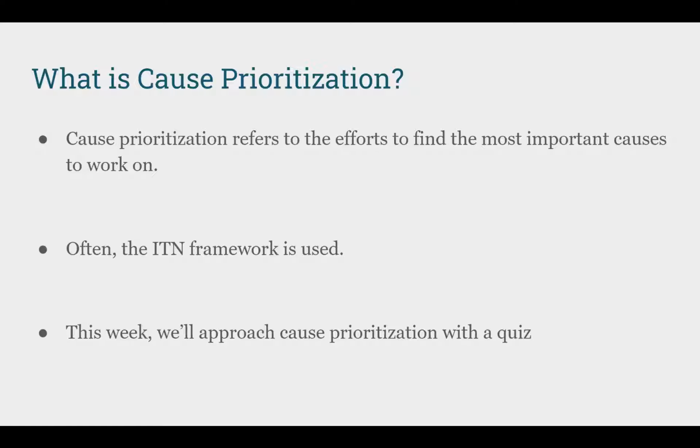And a lot of times people apply ITN to talk about causes in the big picture, like how do we compare things like climate change versus global poverty? And that often involves really big numbers. And I think it can be quite abstract, and it doesn't get to the root of what a lot of EAs care about, and a lot of Christians care about, right?